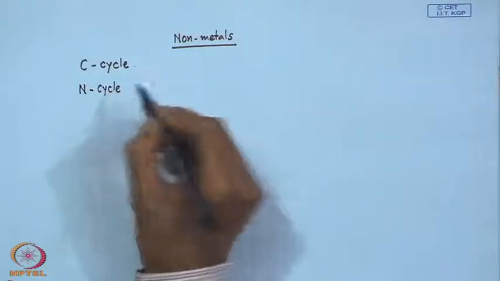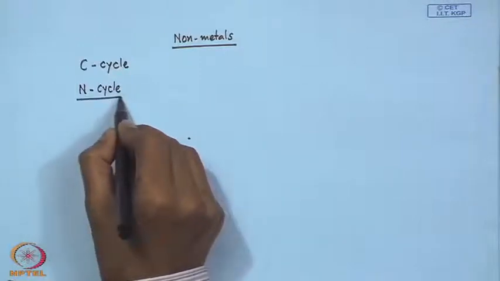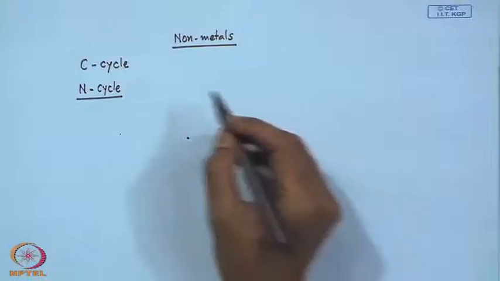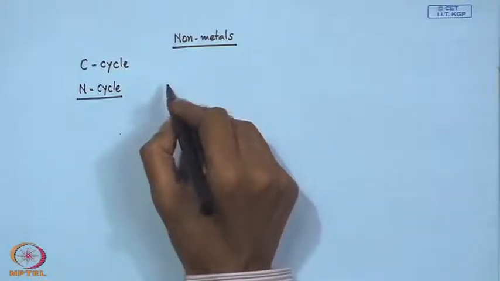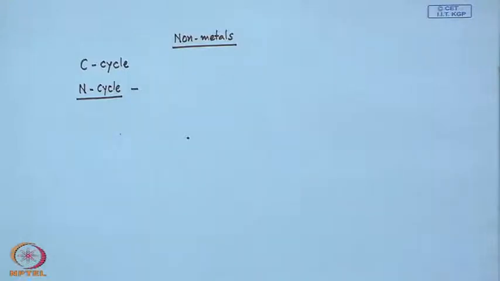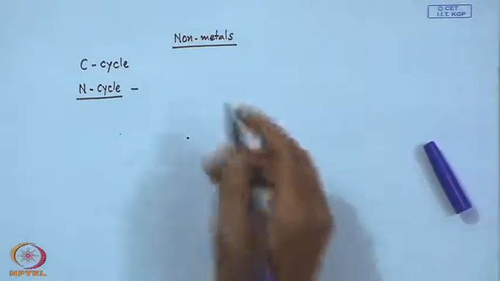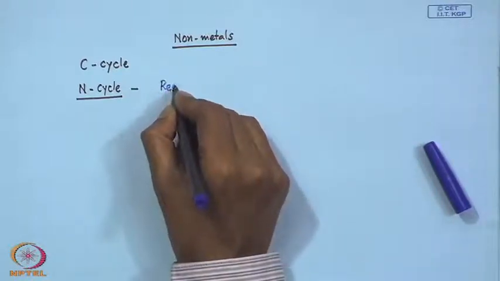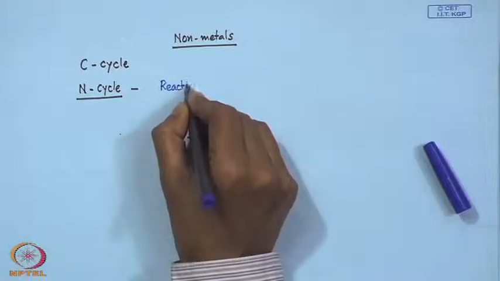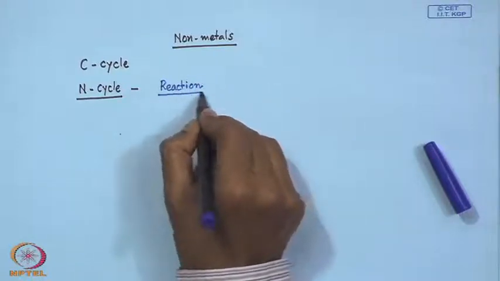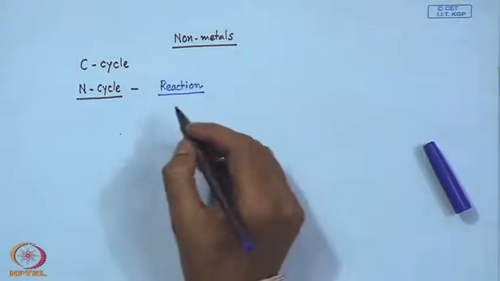In this cycle we will see how nitrogen is assimilated into the system, and from the bioinorganic point of view, we will look at the basic or important reactions which can control the different nitrogen based species we see.